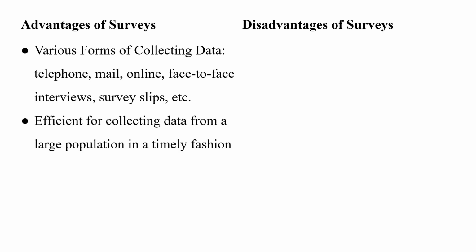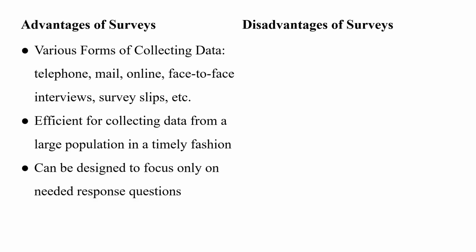It also makes it efficient for collecting data from a large population without using too much of your time, okay? Because all of these are kind of passive ways of collecting surveys. Now, except I guess face-to-face interviews, that could be pretty time intensive. But otherwise, if it's, let's say, just a mail-in form, you just send out the mail surveys and just wait for them to come back, right?